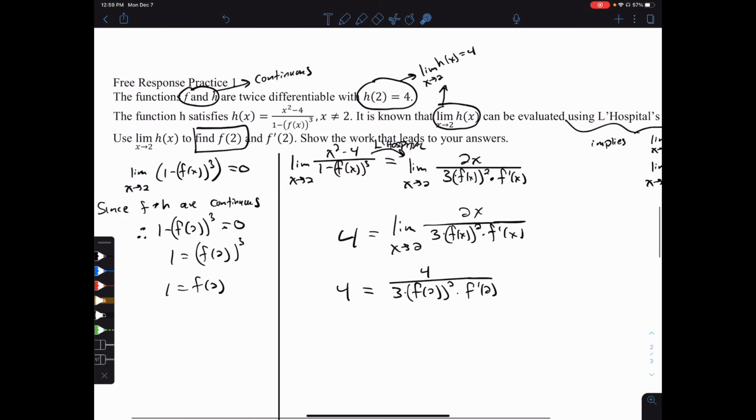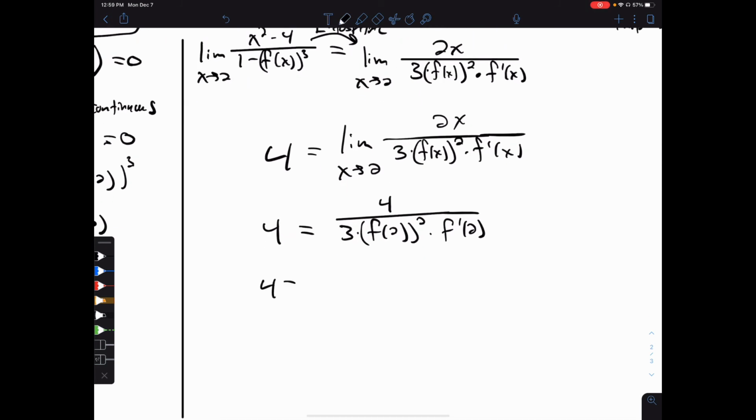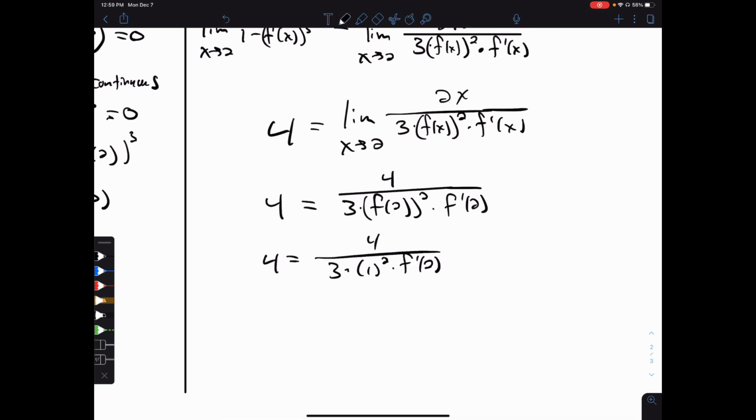What's f of 2? Well, we said that was 1. What's f prime of 2? That's what we're trying to figure out. So this is going to be 4 equals 4 over 3 times 1 squared times f prime of 2. 1 squared is 1, 3 times 1 is 3. So we can multiply both sides by the reciprocal of 4/3.